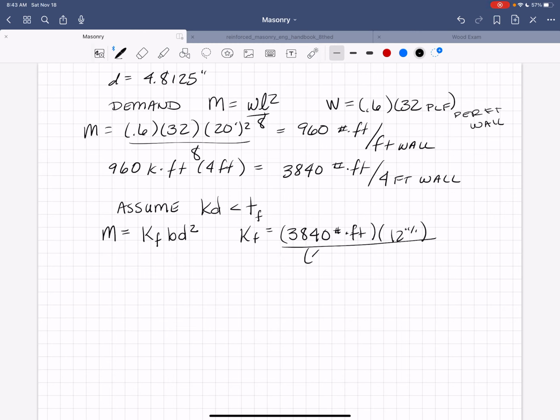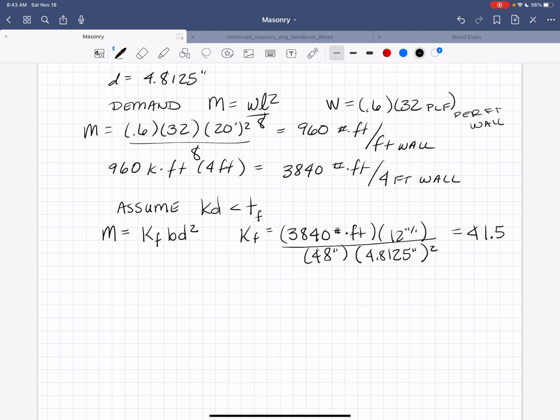Per 4 foot of wall is 48 inches, and my d value was 4.8125 inches squared. So I get a Kf of 41.5, and so we know what to do from here, right?